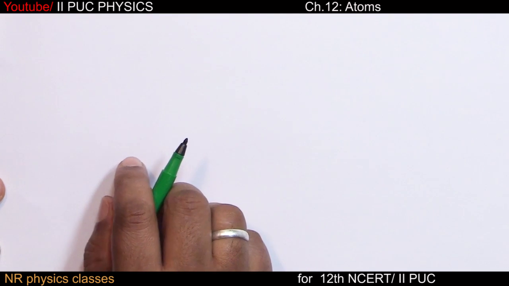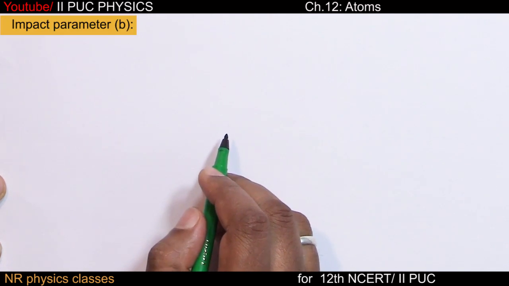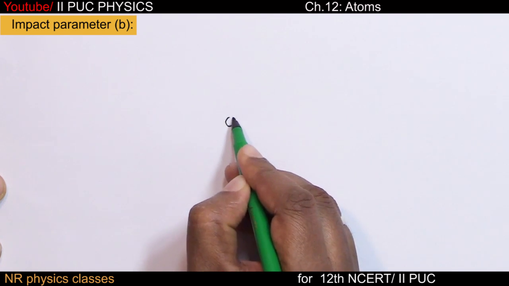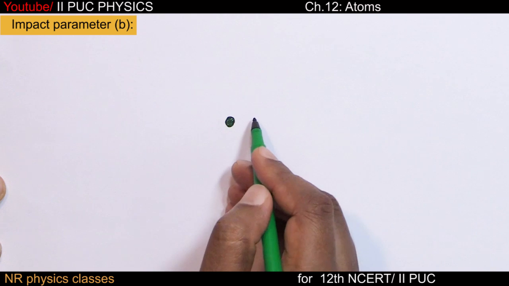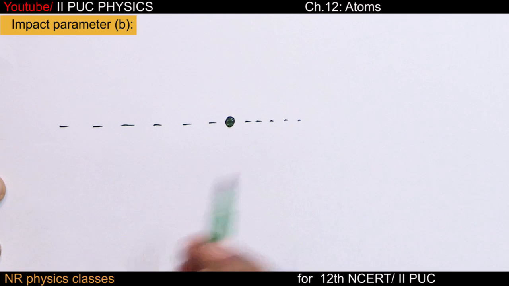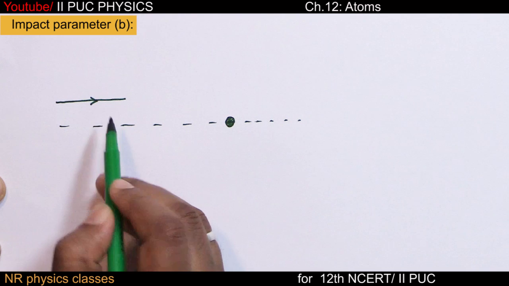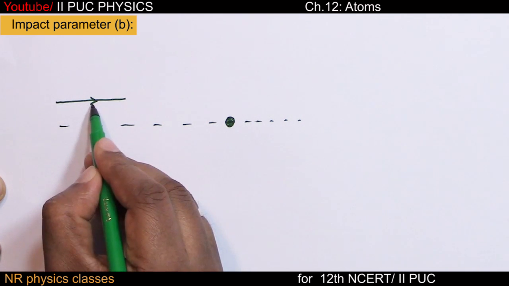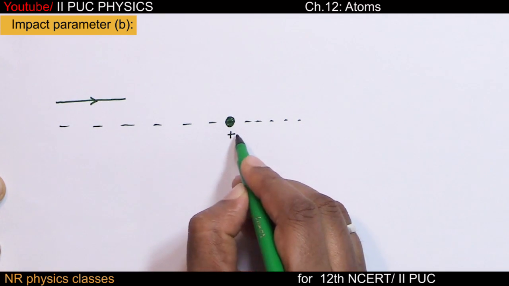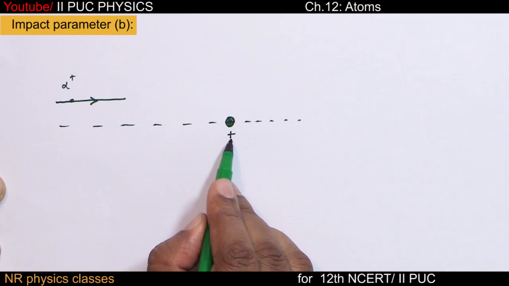There is a term defined in this scattering experiment called impact parameter, denoted by b. If this is a nucleus, reference line, median, and this is an alpha particle, velocity vector. As the alpha particle approaches this nucleus, which is positively charged, there is repulsion because the alpha particle is also positively charged.